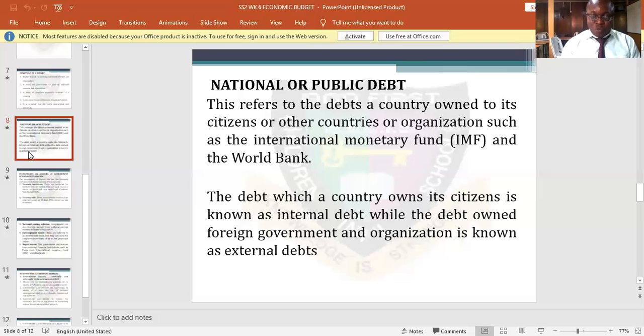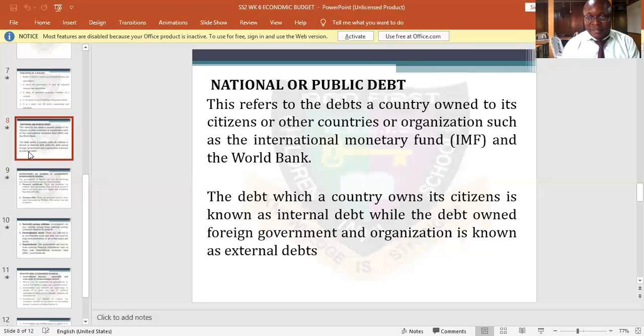Then the debt which a country owes its citizens is known as internal debt, while the debt owed to foreign governments and organizations is known as external debt. Internal debt is a debt a country owes within the country, or to its citizens, or maybe the debt that they are owing the central bank.